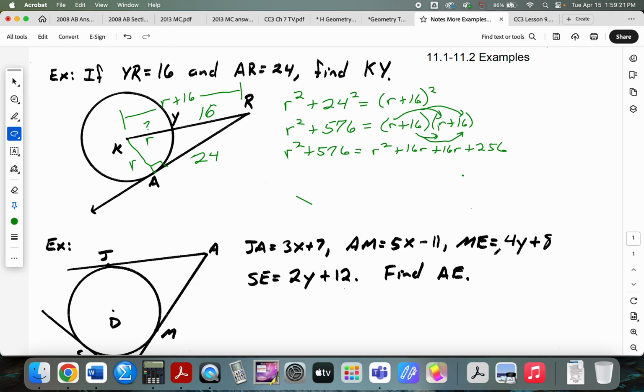At this point, this is as messy as this is going to get. At this point, it suddenly gets a lot nicer because I can subtract off an R squared from both sides and all the R squareds are gone now. And I'm going to go ahead and subtract the 256 from both sides.